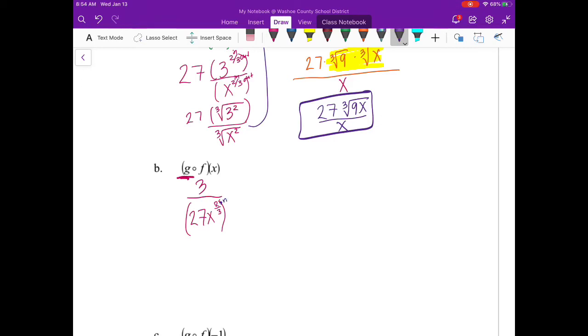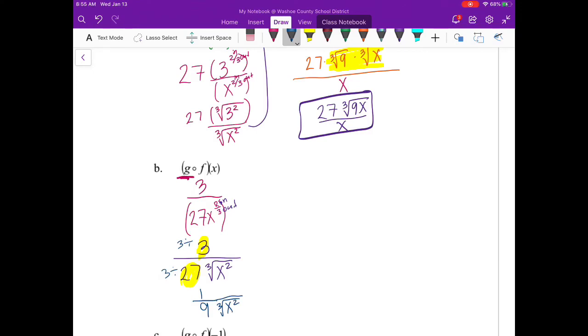This is what's inside, this is what's outside. So I really have 3 over 27 cube root of x squared. Now the 3 and the 27 can simplify. I can divide both of those by 3. So divide by 3, divide by 3, and that gives me 1 over 9. And then I still have the cube root of x squared, okay?